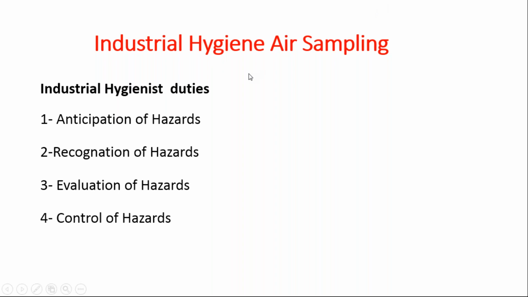Am I right? Okay. Actually, this is the name of the chapter, industrial hygiene air sampling. This is our chapter name. Here, the specific slide we are discussing is the industrial hygienist duties.